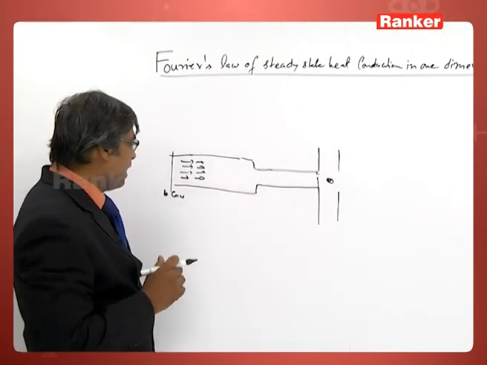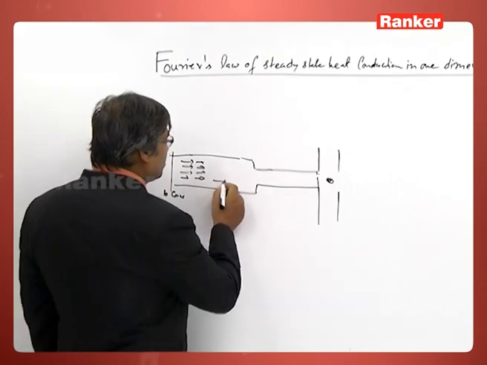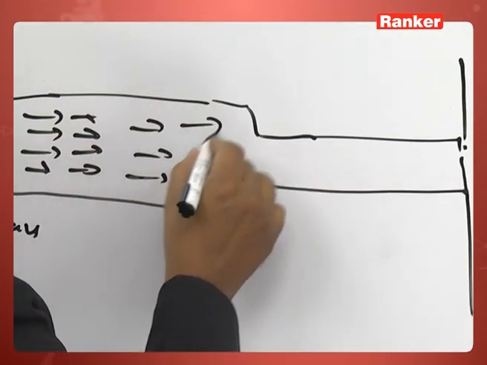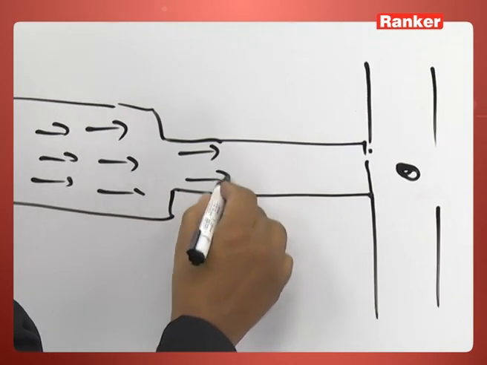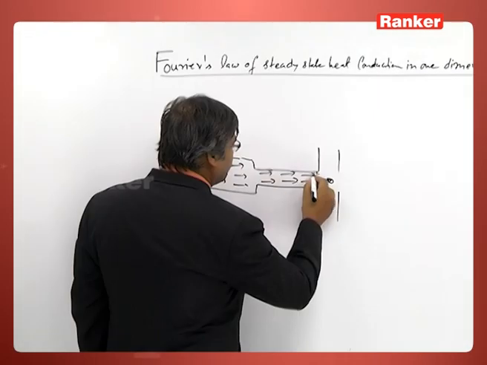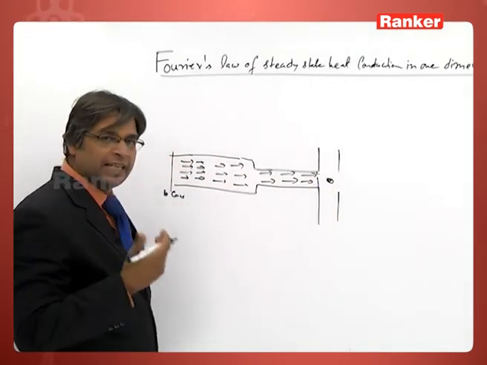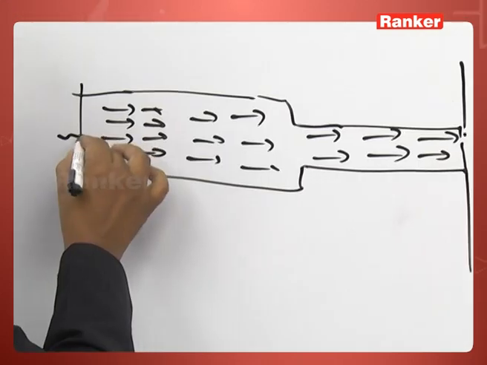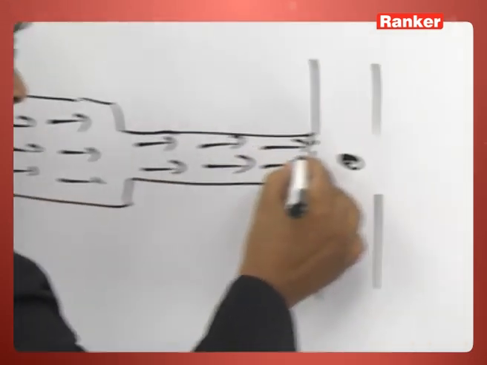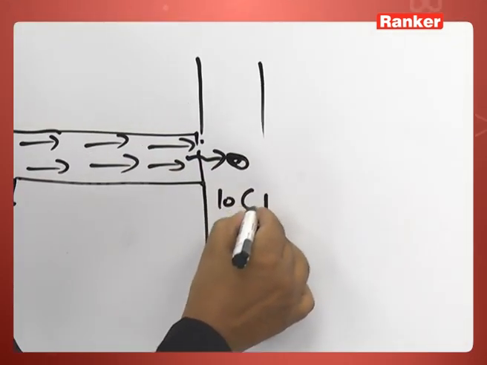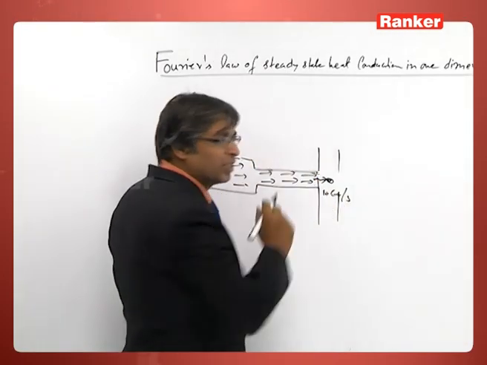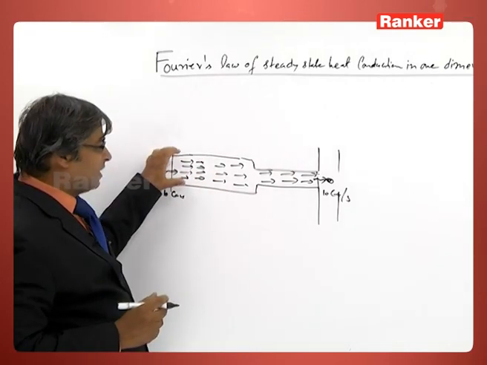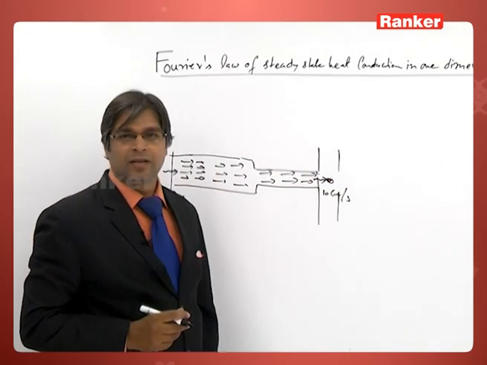But after some time, when 10 cars are entering here, 10 cars per second are leaving this junction also.